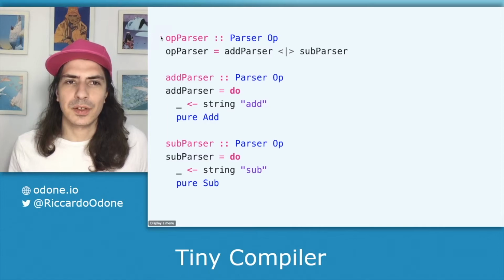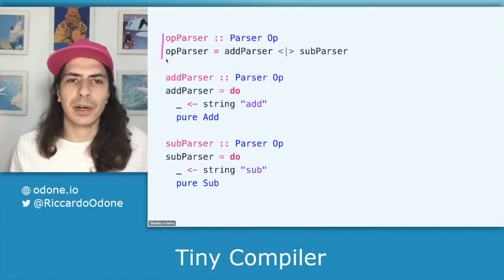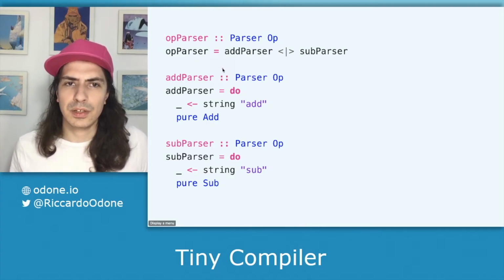Let's dig deeper. So parsing an operator means that we are looking for add or sub. These are the only two operators we have in our source language. So add succeeds when it finds the string add, and sub succeeds when it finds the string sub.